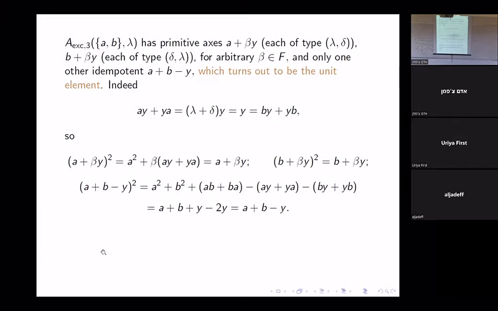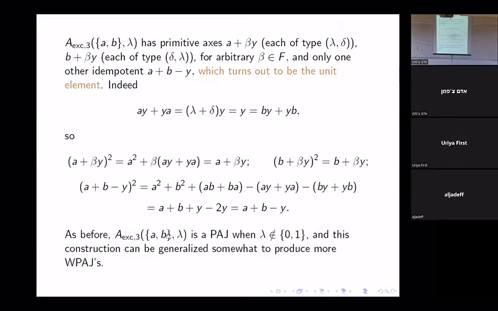Okay, so as before, this is a primitive axial algebra. Lambda is not equal to 0 or 1. And it can be generalized to produce more. Now, this can give you the left regular band. Before we had the left nilpotent band.